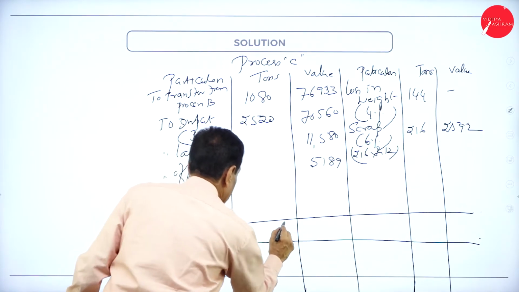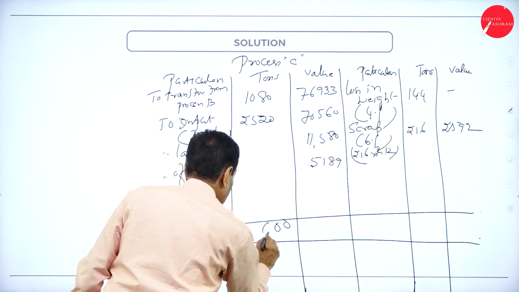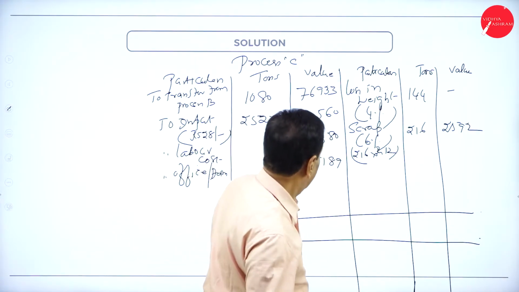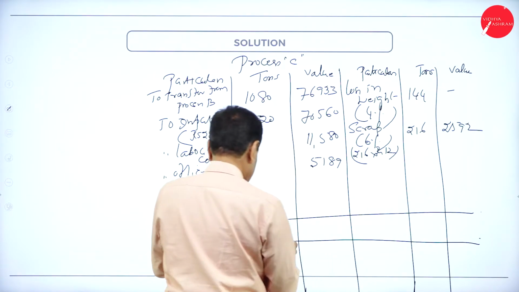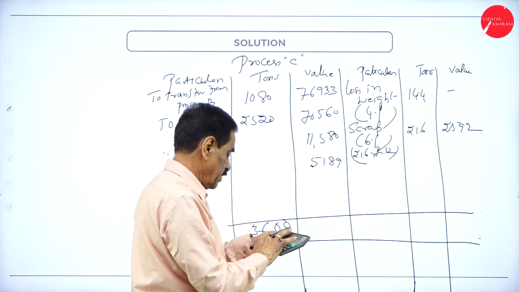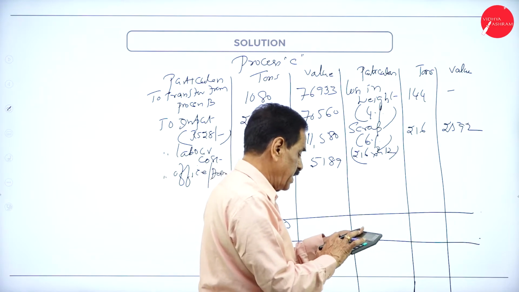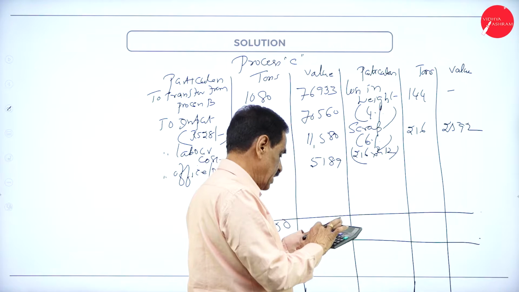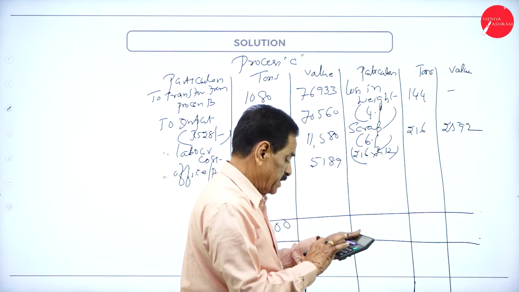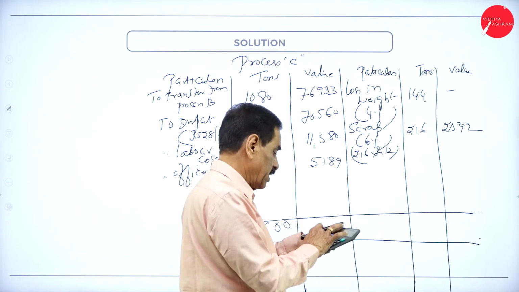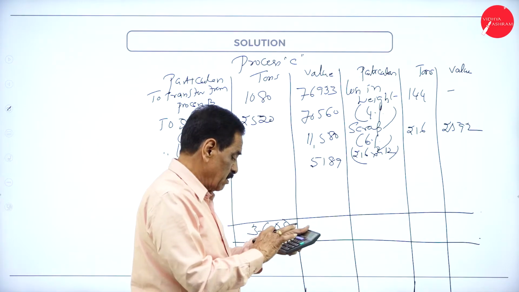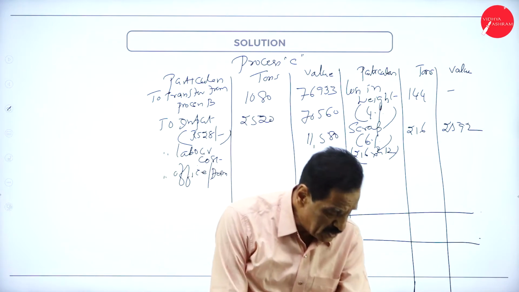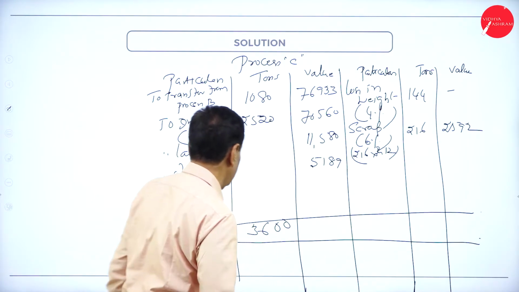So this is 3,600. Add 76,933 plus 70,560 plus 11,580 plus 5,189, 1,64,262.